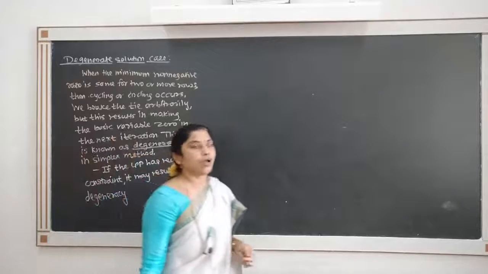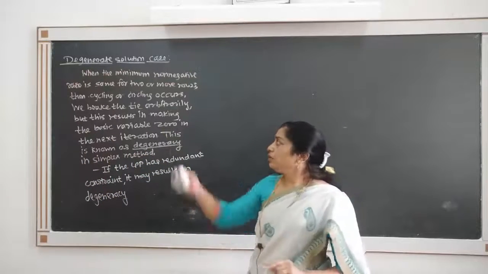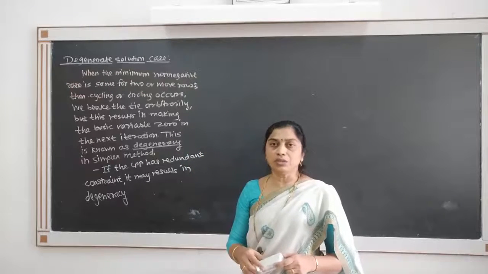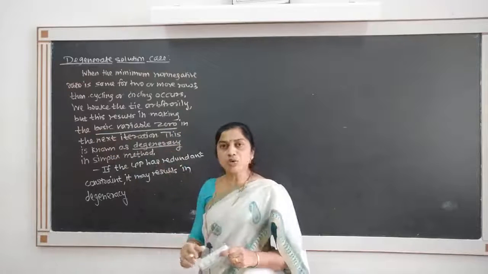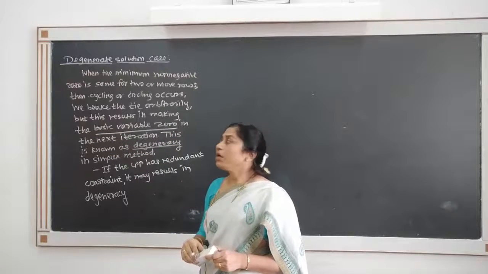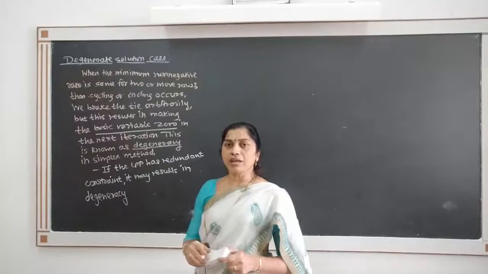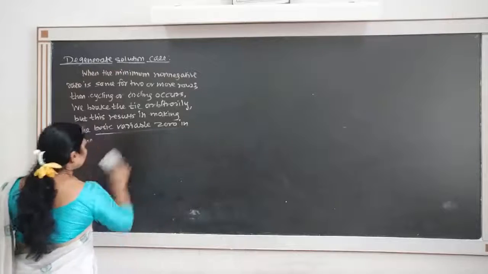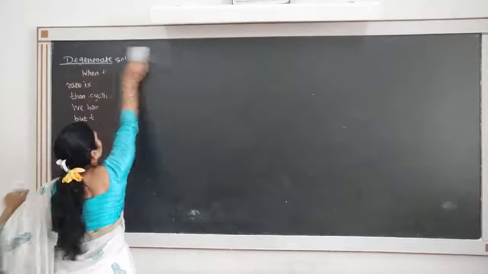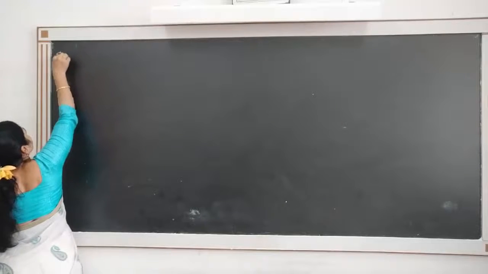So redundant constraint generally gives us the degenerate solution. Degenerate solution means one of the basic variables takes 0 value, and therefore the solution is known as degenerate solution. To get the idea clear, consider the same example we have taken for the graphical method. Solve the following LPP by simplex method.